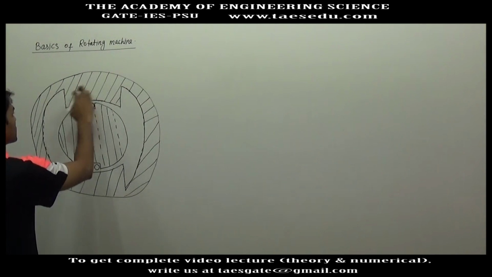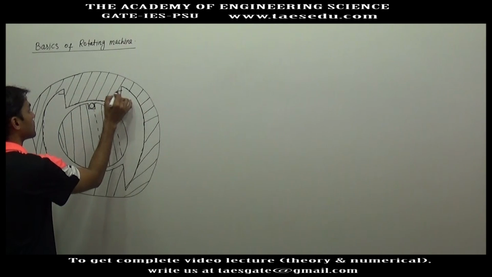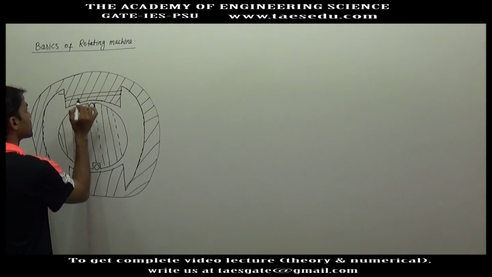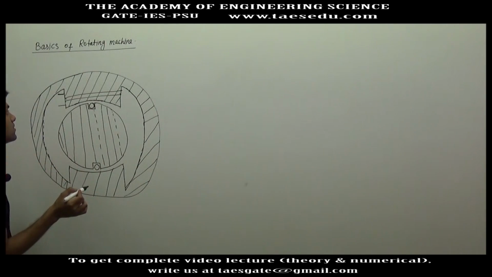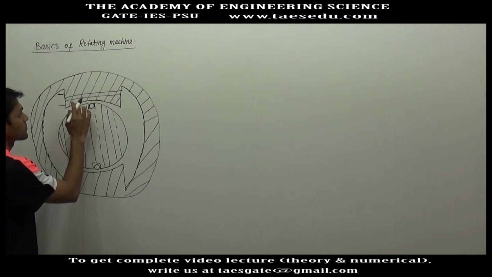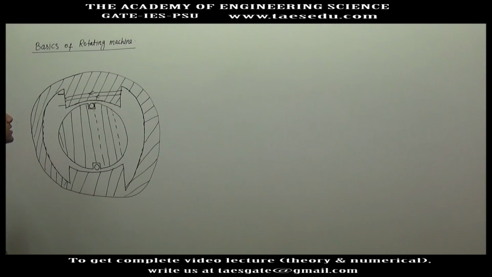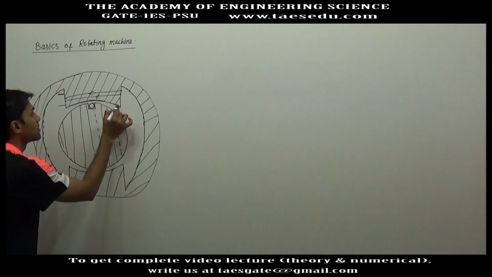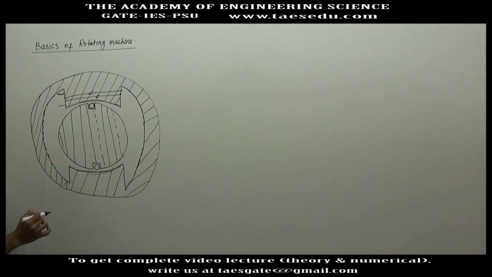This is a stator frame, and suppose there is a winding on it. By flowing current in the proper direction, if a current flows in this winding, there will be a magnetic field. Suppose this acts as a north pole and this acts as a south pole.